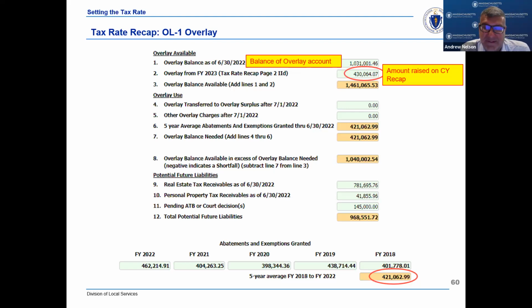So you're looking at, what's that, 71,000-ish, I'd say, of excess capacity, excess overlay in this case. So they could then use that as a funding source if the assessors chose to release it. But you need to have excess to release overlay surplus. Next, please.